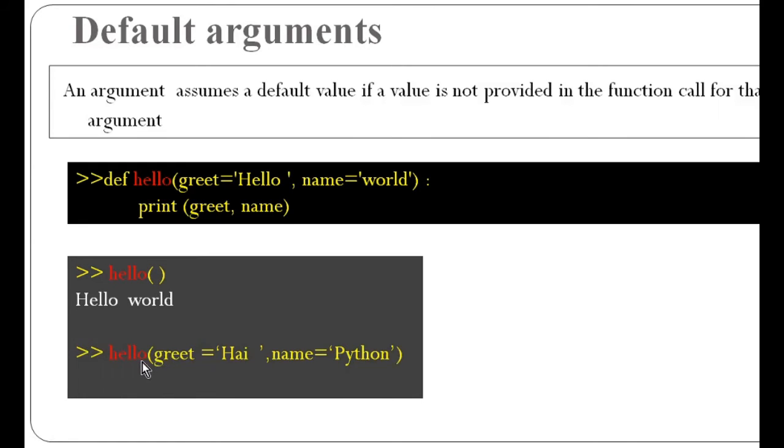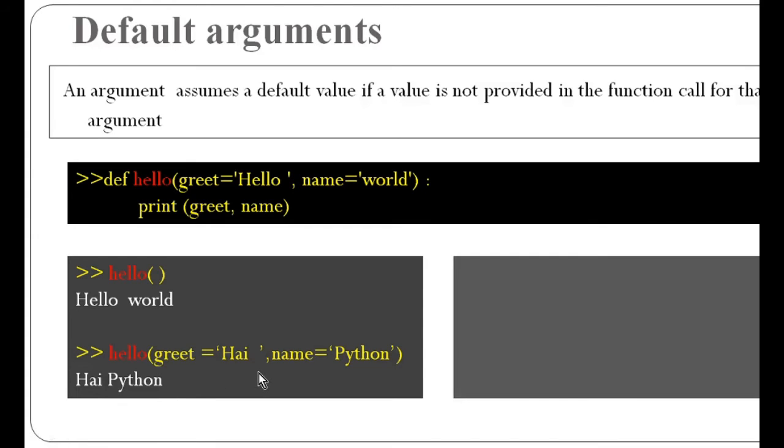I can also have hello, greet is equal to hi, name is equal to Python. Now I am changing the default values. So automatically hi will be assigned to greet, Python will be assigned to name. So the result will be hi Python. I can also say name is equal to hello. That means I have not given any value for this greet.